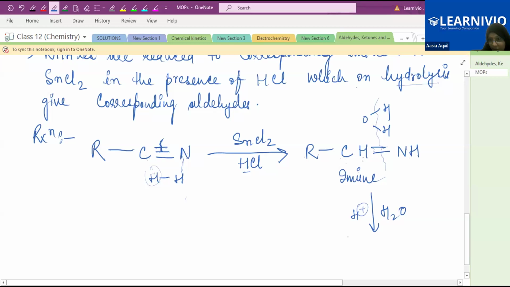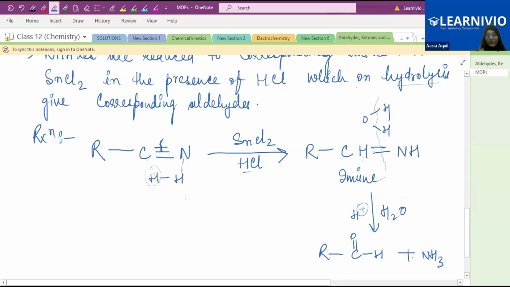The oxygen of this water gets attached to this carbon, and it will give you aldehyde RCHO. Plus from here you can see NH3: two hydrogen from water and one hydrogen from here will give you NH3. So that's how you will get the aldehyde, by the Stephen reduction.